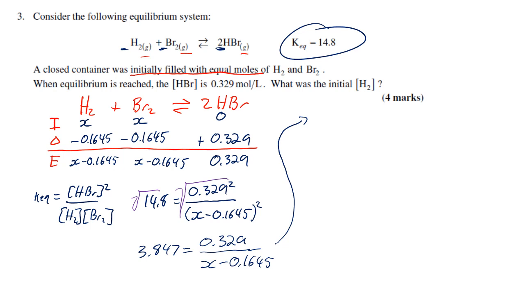So it's going to be 3.847 X minus, now I gotta go 3.847 times 0.1645. Just doing that on my calculator right now. And I get 0.6328.